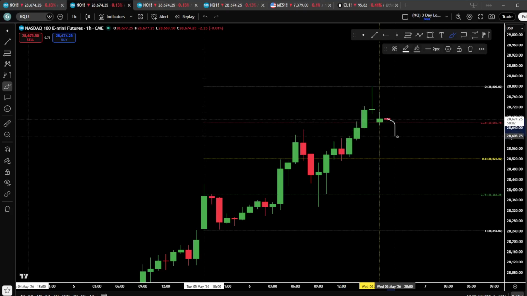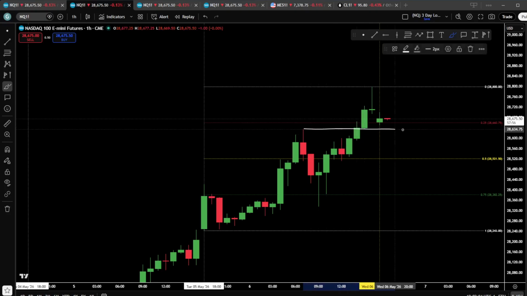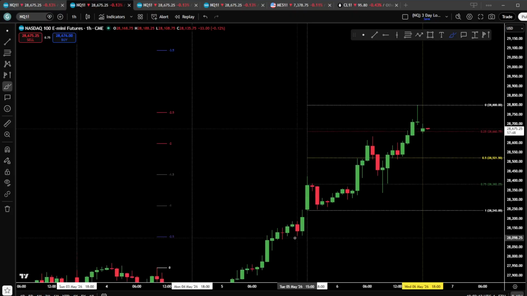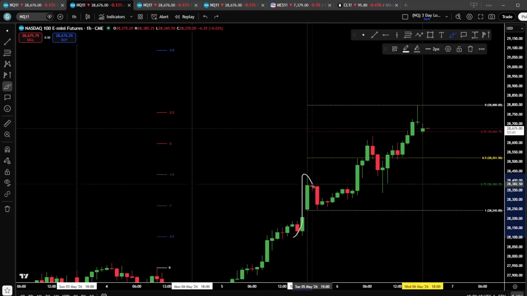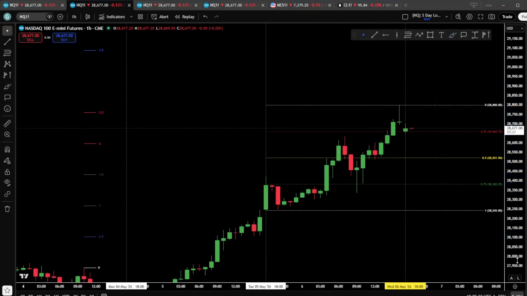Sure. A quick shakeout at these levels, trades higher, respects the fair value gap. This fair value gap cuts through not only an order block but also a mitigation block here. Price went from a low to a high to a low to a high to a low to a high.